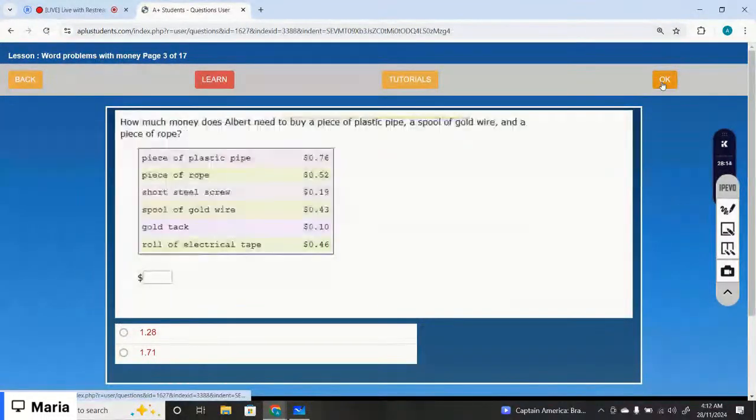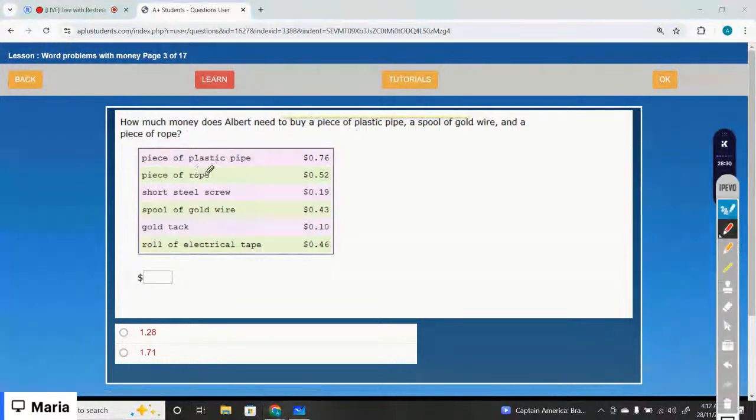How much money does Albert need to buy a piece of plastic pipe, a spool of gold wire, and a piece of rope? So how much money you have to calculate? If you want to buy plastic pipe, that is 0.76, spool of gold wire, that is $0.43, and a piece of rope, that is 0.52.